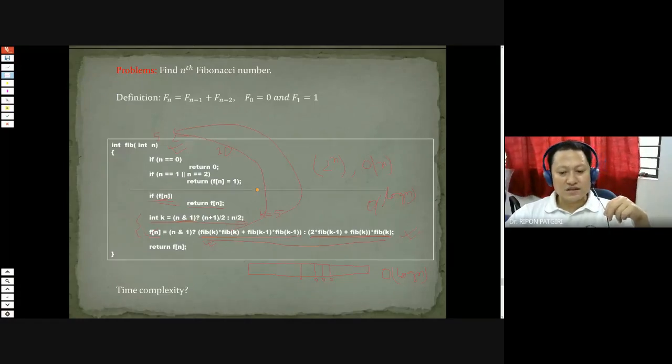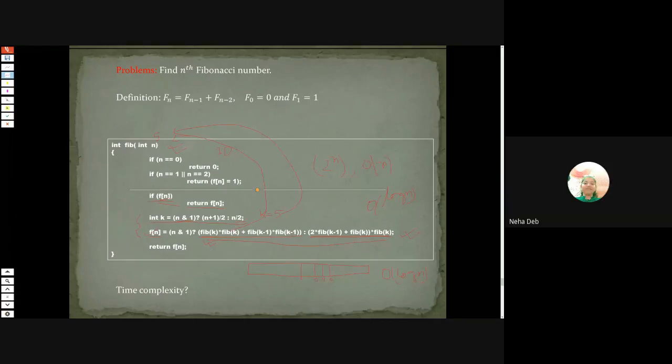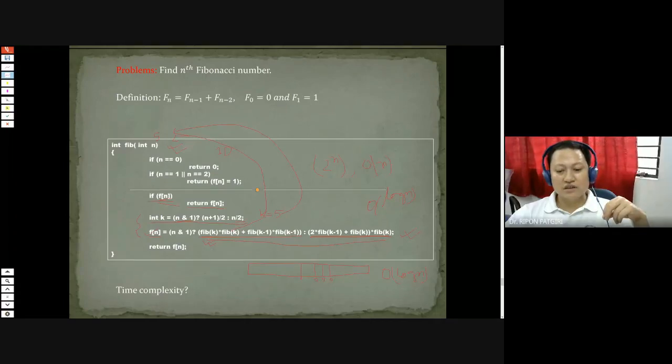Then we will discuss the stack in depth. If we have not understood what a stack is, it will be difficult for us to understand.